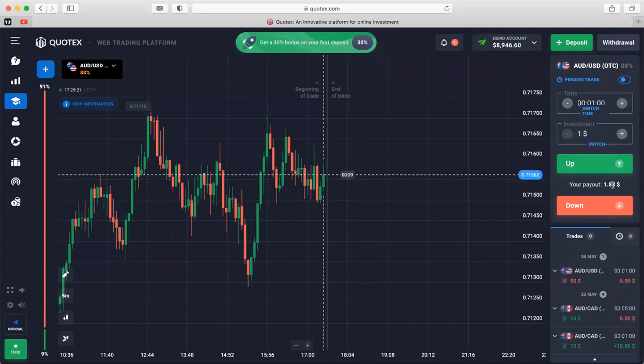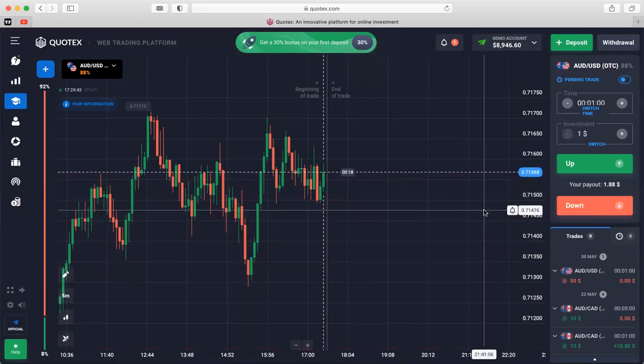Look at the payout right now. Can you see the 1.88? If you can see it, please drop some 88 on the chart. You have 88 cents return.